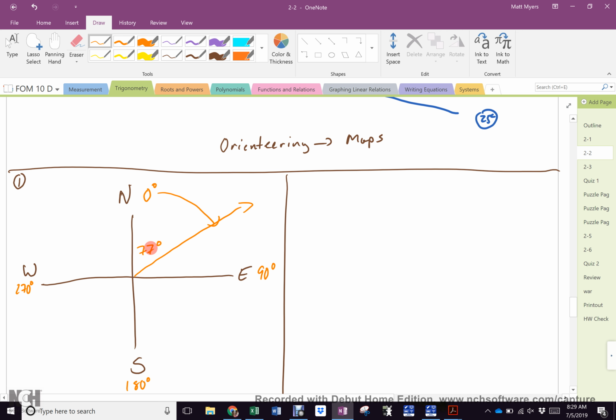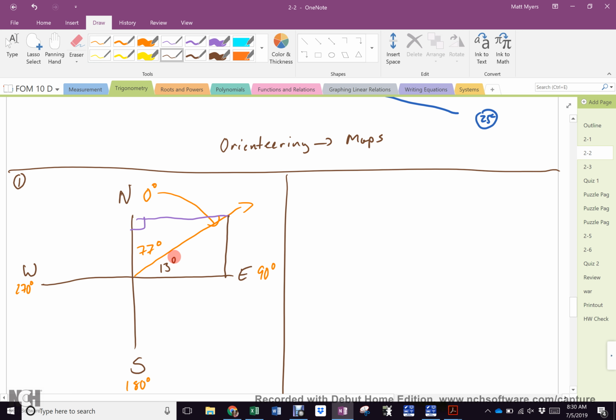Does everybody understand? Now, if I want to do trig, I need a triangle, don't I? So I could have this triangle, with this being 77 and this being 90. Or I could have this triangle. What is this? If this is 77, what's this? 13.